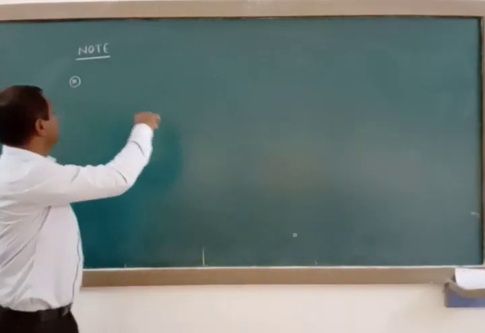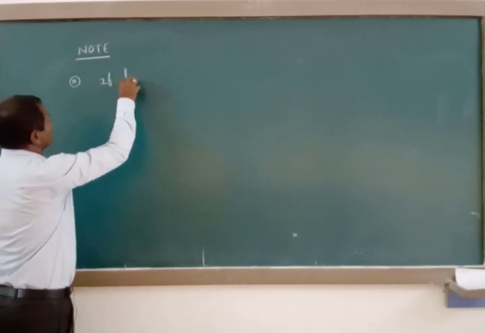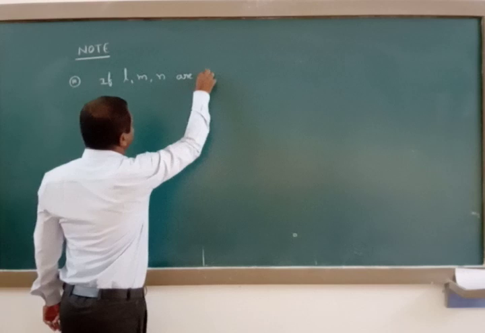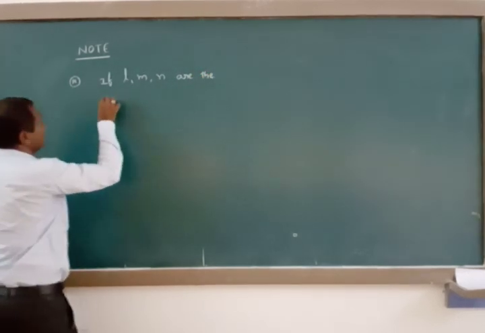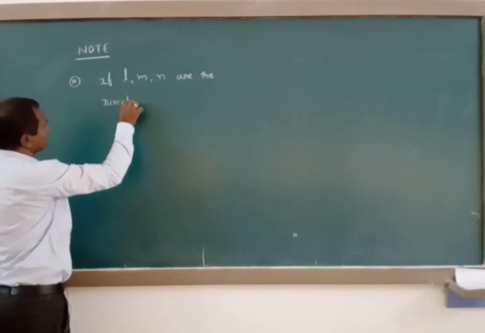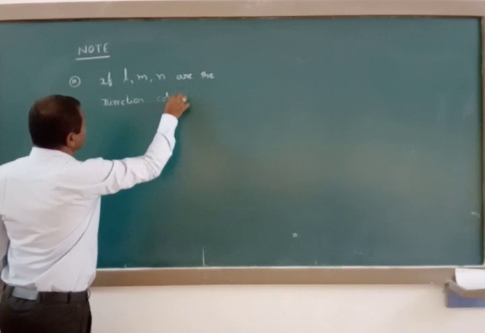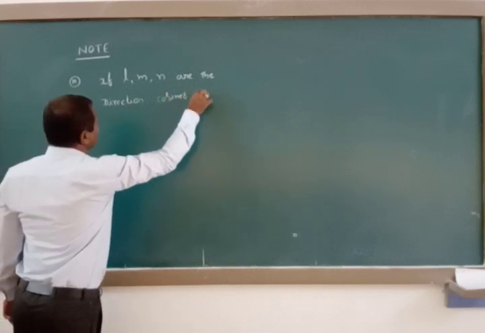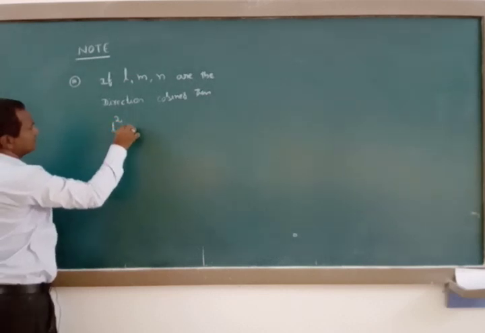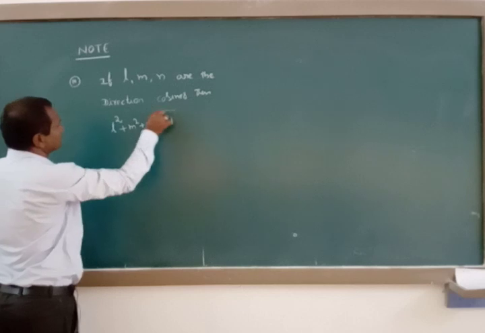If l, m, n are the direction cosines, then we always take this condition: l square plus m square plus n square is equal to 1.